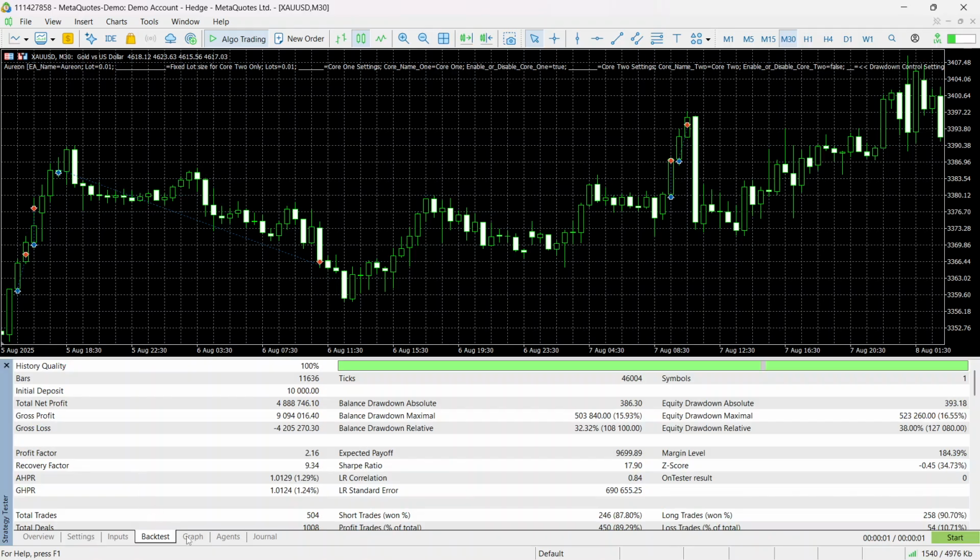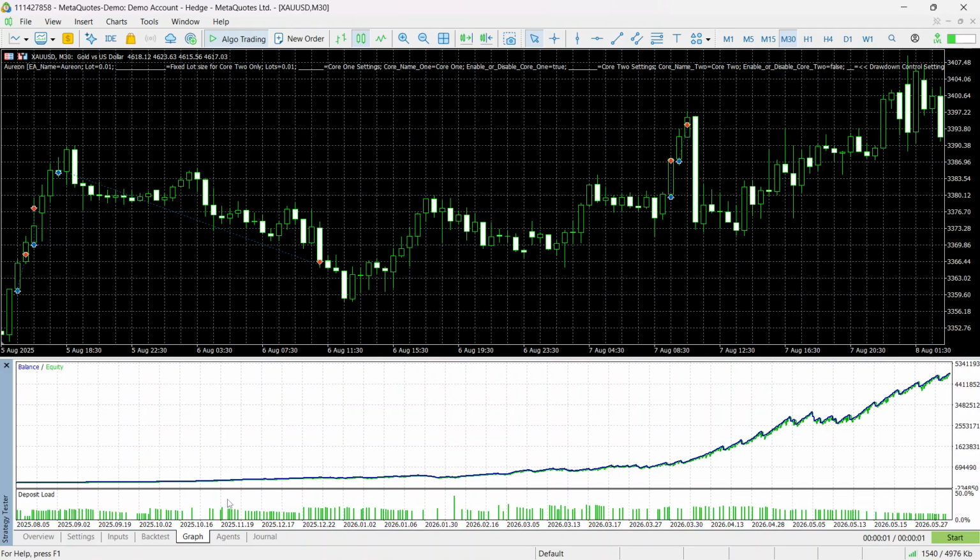The deposit load stays mostly low throughout, as you can see, below 50%, with occasional spikes but nothing sustained at high level.